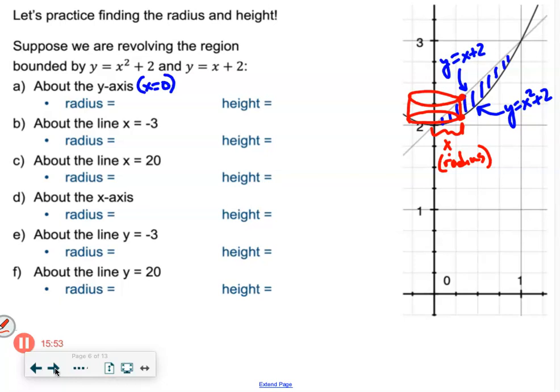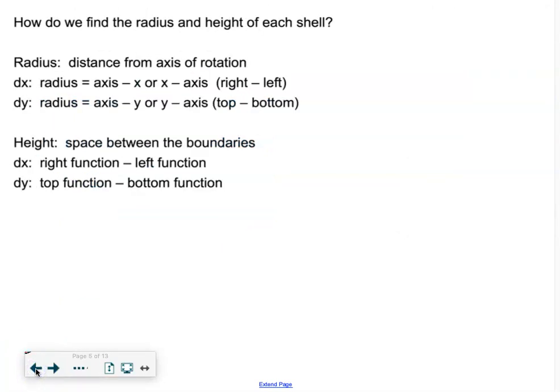All right, so we need the radius of the shell and the height of the shell. The radius of the shell is the distance from the axis of rotation to the edge of the shell, right? Which would just be x. So here's how you know radius. On the prior slide, I said radius, when we're dx, is going to be axis minus the letter x, or x minus the axis.